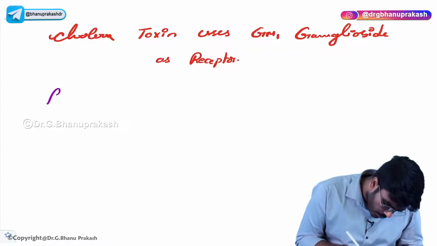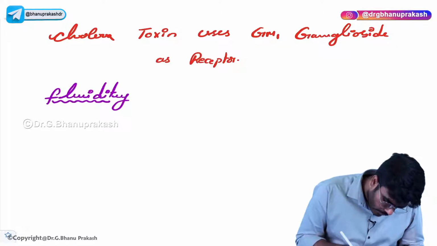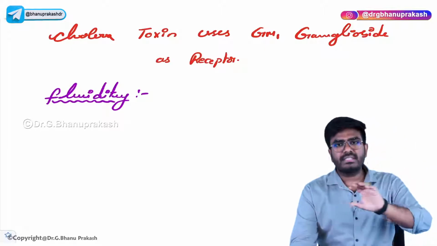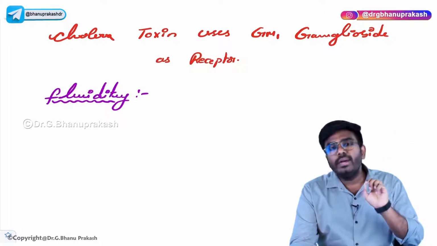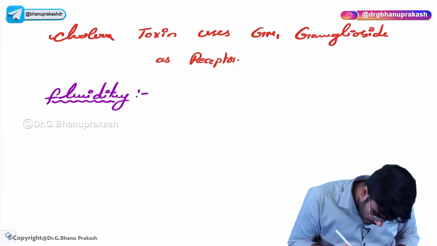Guys, now let's discuss a topic called fluidity of the cell membrane. Now, we all know that the fluid is nothing but the lipid bilayer. This fluidity is determined by certain substances called fatty acids.